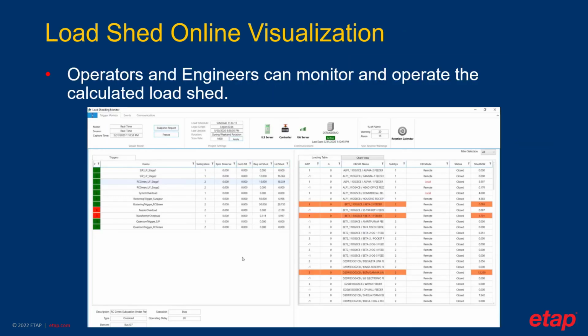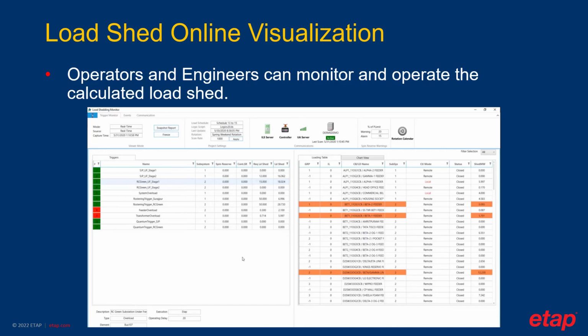In addition to the load shedding configuration manager, users can visualize real-time monitoring and operation of the load shed schemes using the load shedding monitoring tool. Through this tool, users can visualize how much load ETAP is estimating for each contingency event using live data and the prediction of which loads will be required to shed in the case the event becomes true.